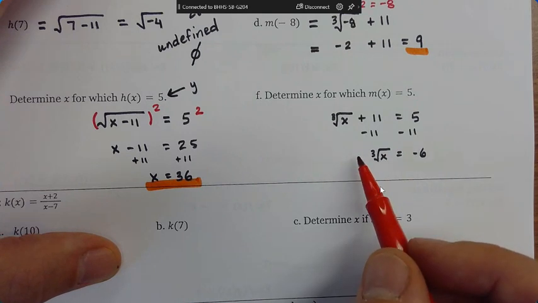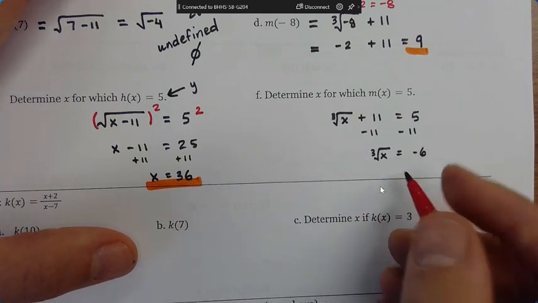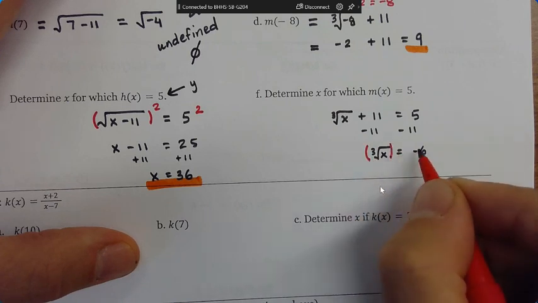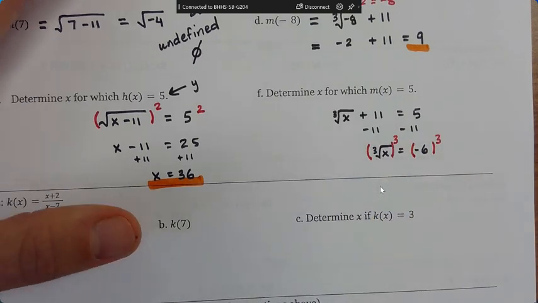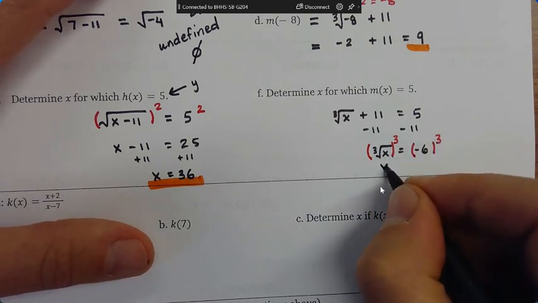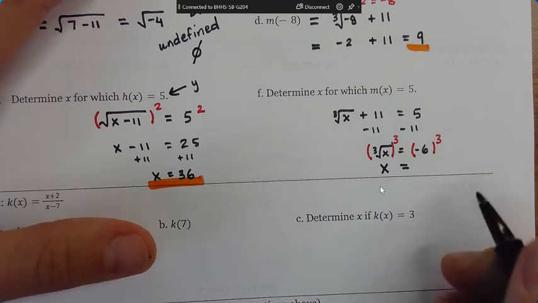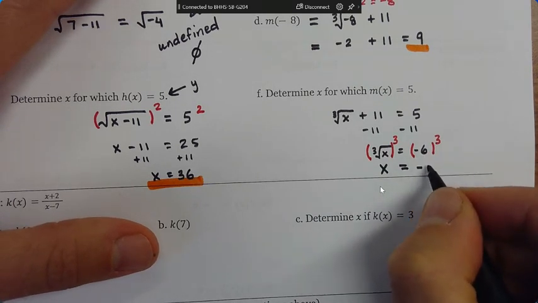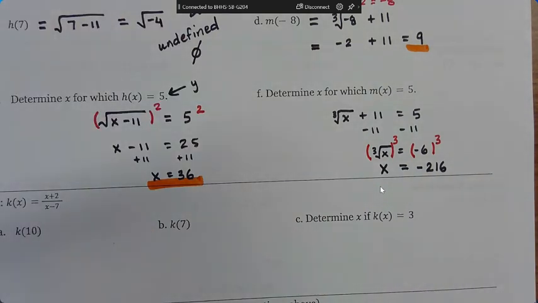So cube root, the inverse would be? Yeah. You're going to take both sides, and you're going to cube it. On this side, the cube root and the cube undo each other. On the other side, the cube of negative 6, you are welcome to use a calculator for this. I know this one because I teach math all day. It's negative 216.